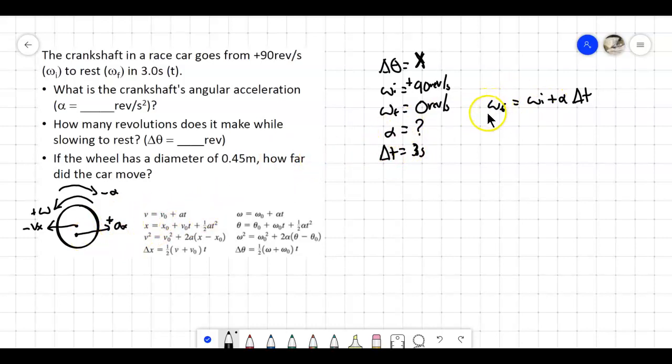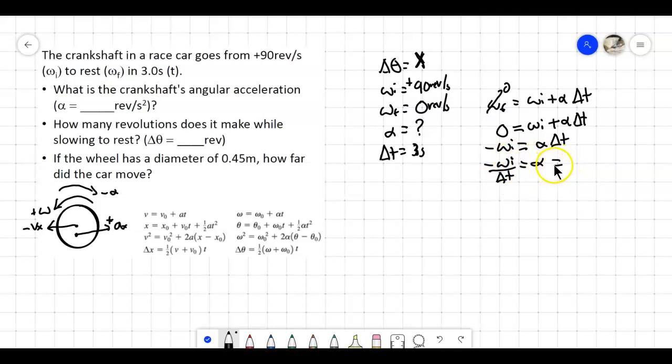Anyways, starting out, omega final is going to be 0. And now we have 0 is equal to omega initial plus alpha times delta t. Subtract omega initial from both sides. In this case, we're just going to put in the magnitudes since we're going to be finding our directions in here as well. So negative omega initial is alpha times delta t. Divide both sides by delta t, and that is what alpha is.